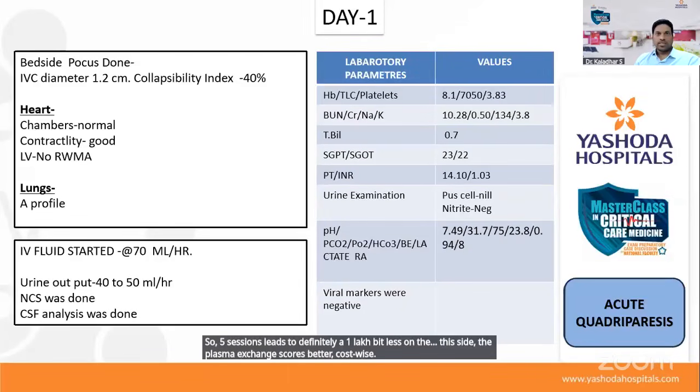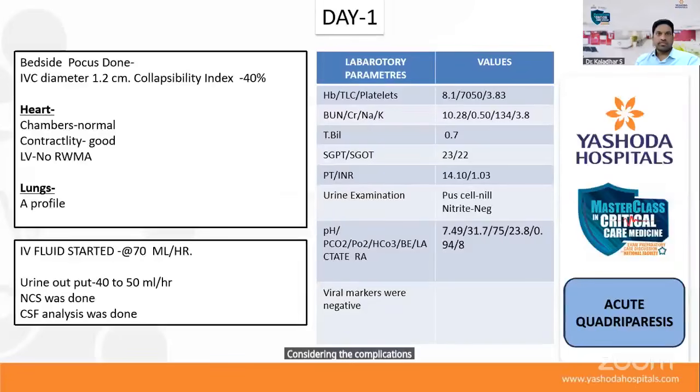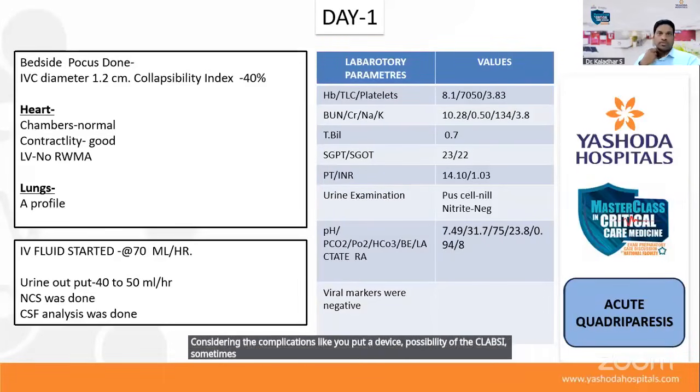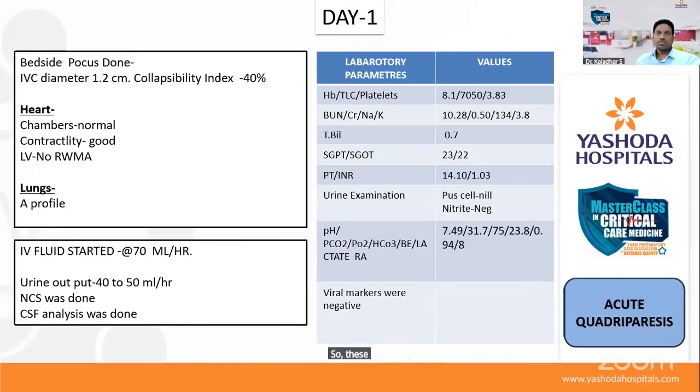But considering the complications, like you put a device, possibility of CLABSI, sometimes you do plasma exchange, you remove the other immunoglobulins which are helpful in infection prevention, the possibility of transfusion related and citrate related complications. Most of the times they use albumin as replacement solution.